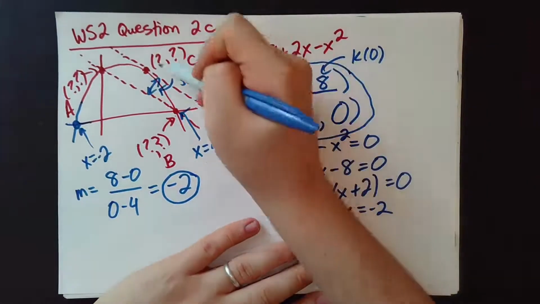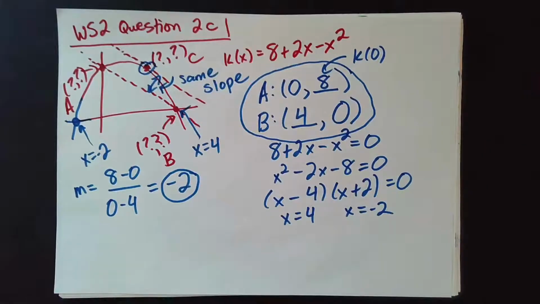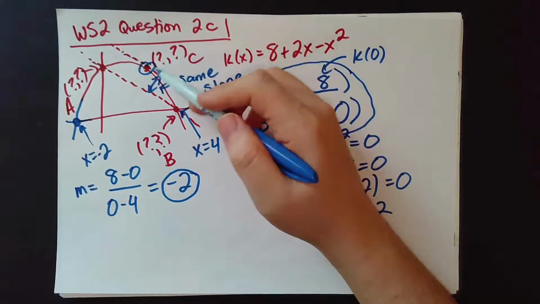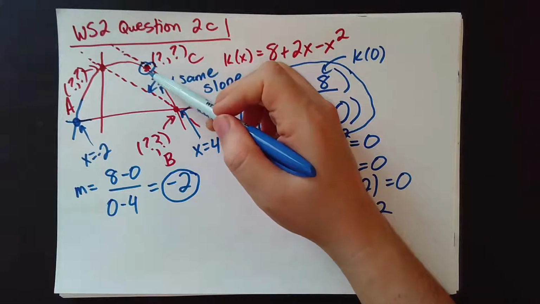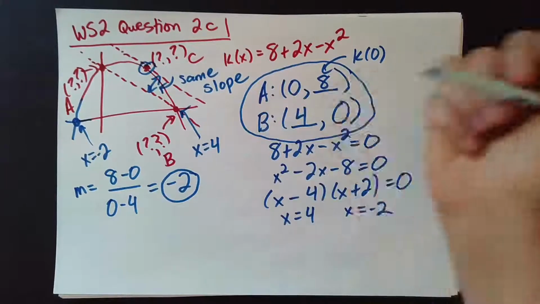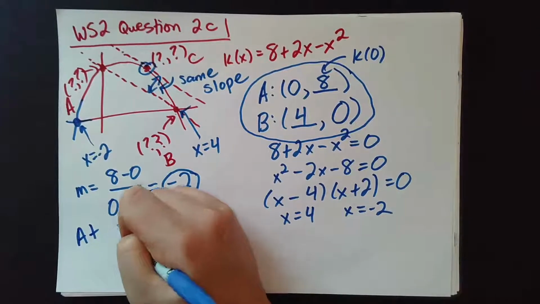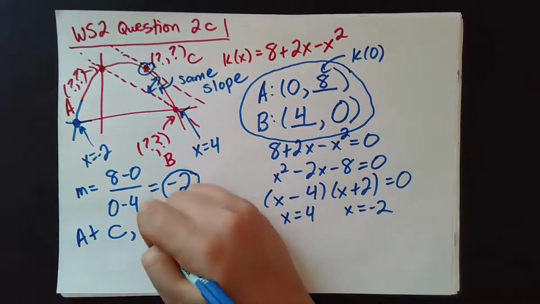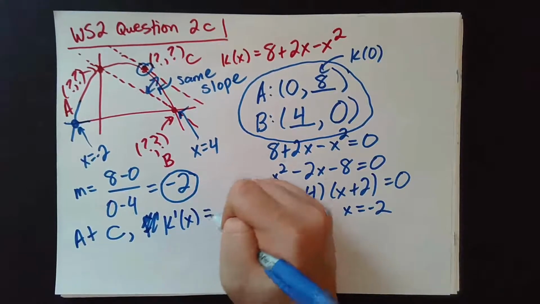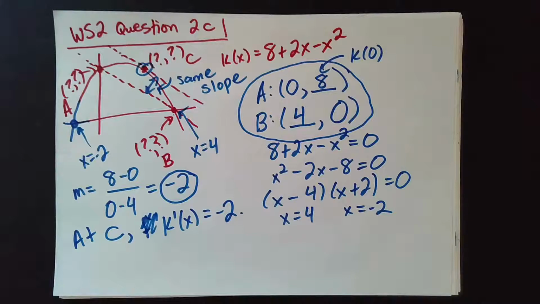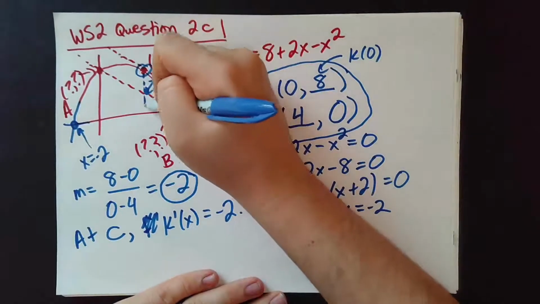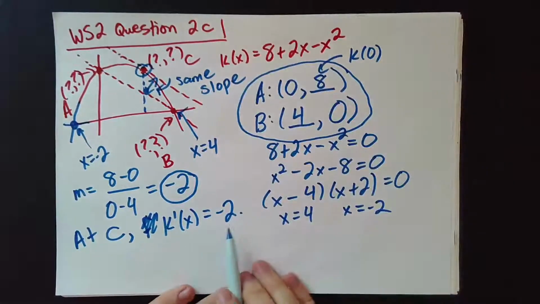So what's special about the point C is that at C, the tangent line has slope -2. So at C, the derivative is -2. Sorry, not f prime, k prime. So to figure out what point C is, I need to take the derivative and set the derivative equal to -2.